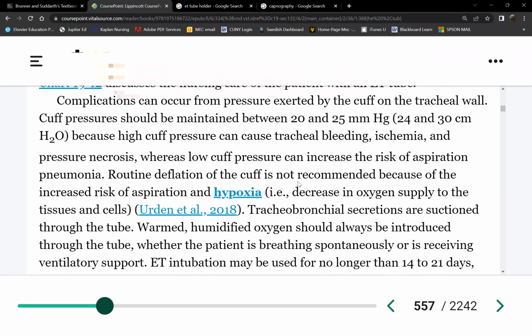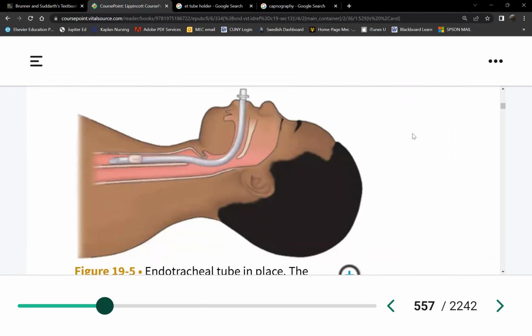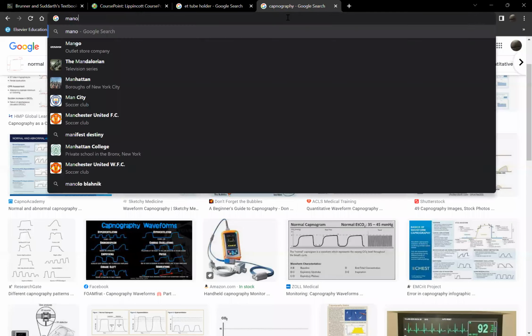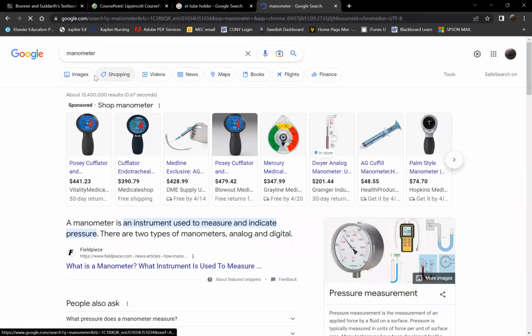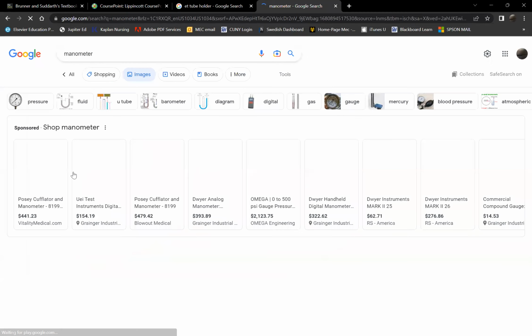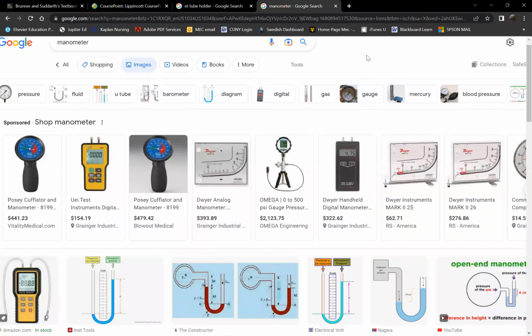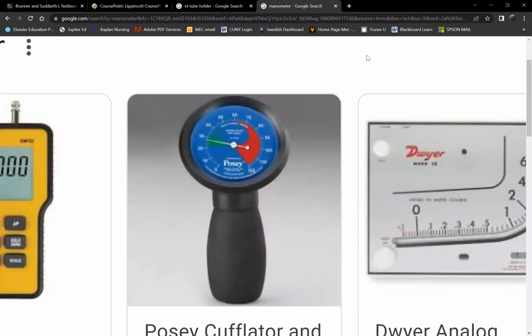Number 2, ensuring proper cuff inflation. Now, how exactly do we inflate the cuff? We have what's called a manometer. Everybody knows what a tire gauge is, right?